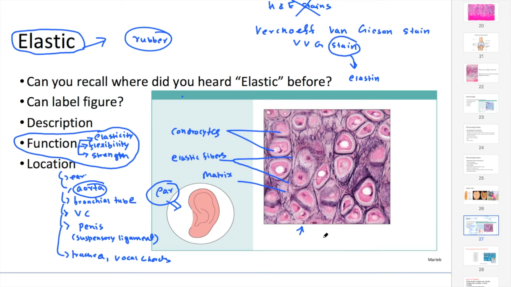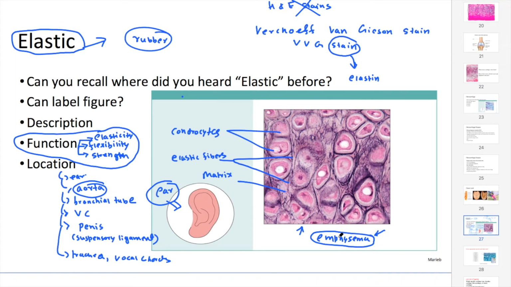For example, in the case of emphysema, right? Emphysema is one crazy condition, right? So we don't want to have this particular thing.